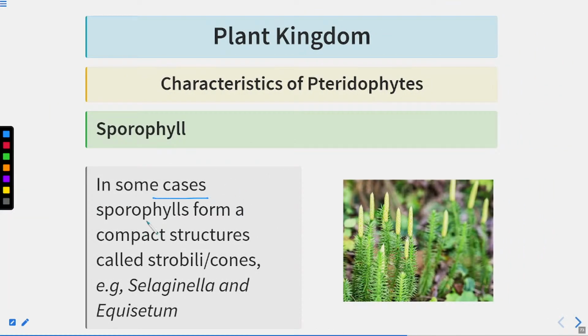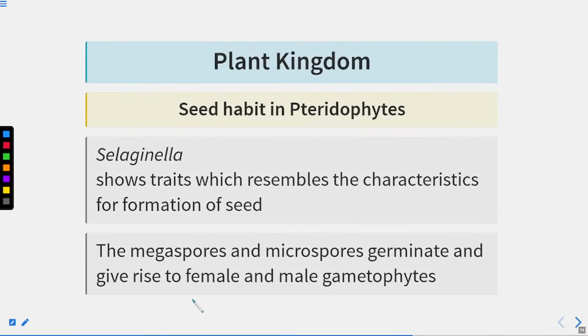In some cases, the sporophylls form a compact structure called strobili or cones. They are so compact that they form a cone-like structure, meaning sporophylls join together and form a very compact structure called strobili or cones, and you can see that in the case of Selaginella and Equisetum. Equisetum is also called horsetail, right?